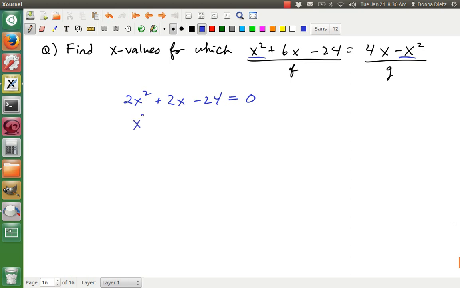I may as well divide by 2, since I have a common factor. Then it looks a lot less intimidating, and you should probably try to factor this, because it's really easy now. We have a plus on the 4 and a minus on the 3. x is equal to negative 4 or 3.